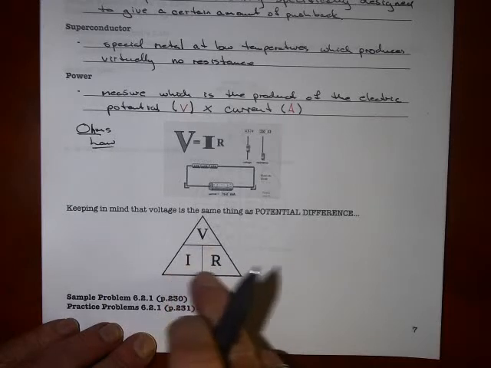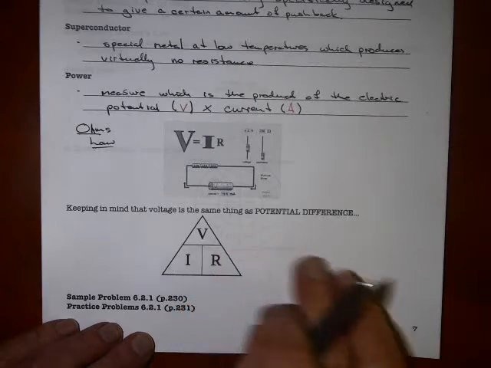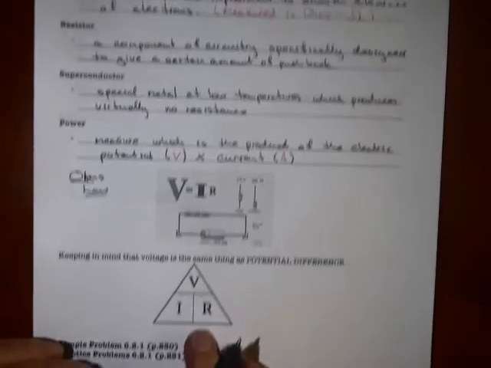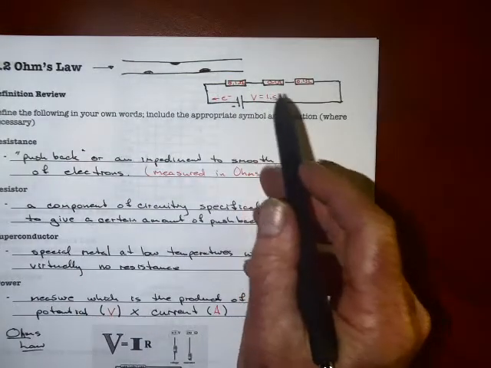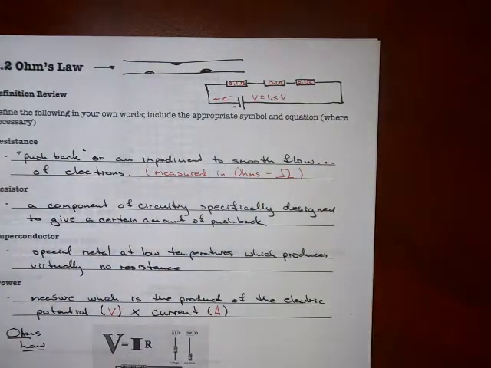V is equal to I times R, and we're going to solve different things for this. So let's just use this right now to determine what would be the current in this situation. I want you to solve for that right now. Pause this video, solve for it, and then come back.